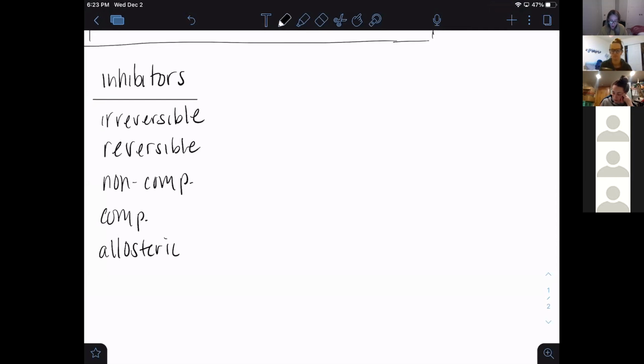There we go. Okay, so the type of inhibitor, okay, so we have an inhibitor that's going to bind to an enzyme. So here's my enzyme, okay? But it doesn't bind to the active site. So let's just say that this is our active site, and this inhibitor is going to bind somewhere here.